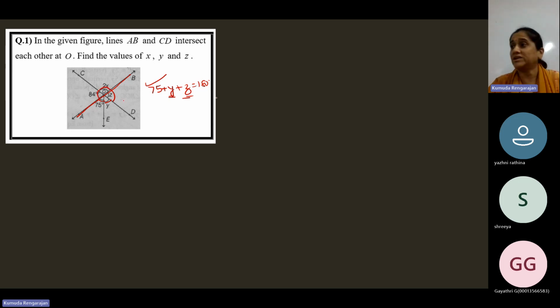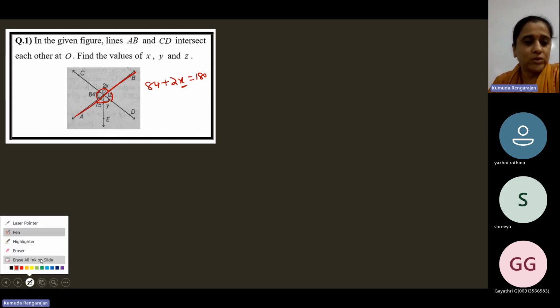That's why we took this one: 84 plus 2x is 180. You can add angles above and below the lines and equate it to 180. When you take the line AB, you can write two equations. 84 plus 2x is equal to 180 is one equation. 75 plus y plus z is equal to 180 is the other equation.